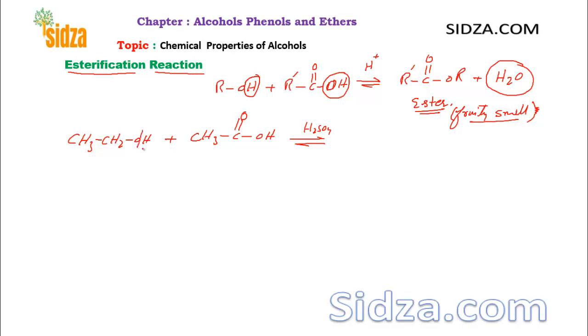The hydrogen from this one reacts with the OH and you get water. Plus what else do you get? This group CH3 C double bond O now will be under the attack of this oxygen. The oxygen here will form a bond with this particular carbon, and then you get the CH2CH3 here, right?